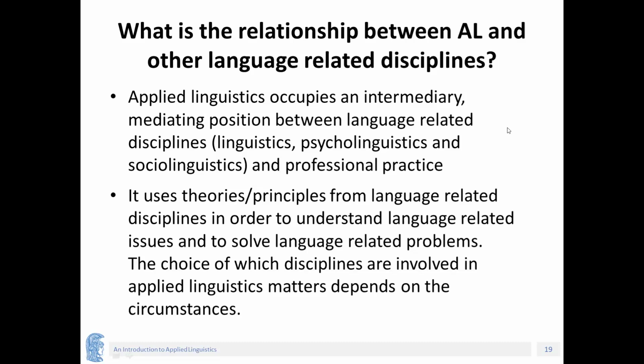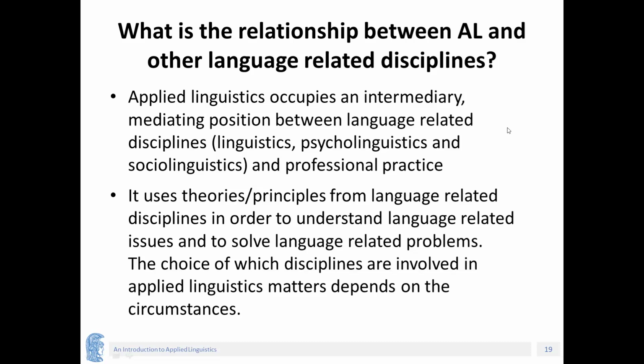To resolve all these things, applied linguistics stands. It uses theories and principles from language-related disciplines in order to understand language-related issues and to solve language-related problems. The choice of which disciplines are involved in applied linguistics depends on the circumstances.